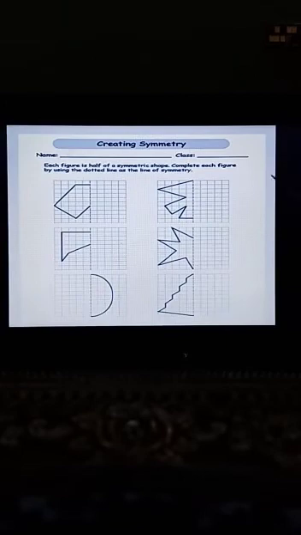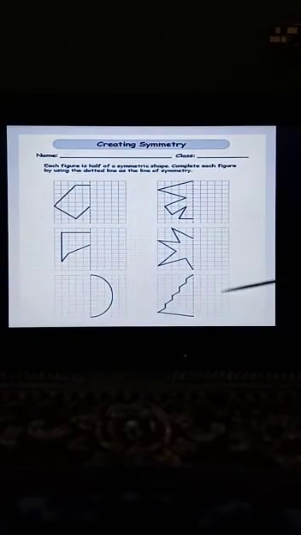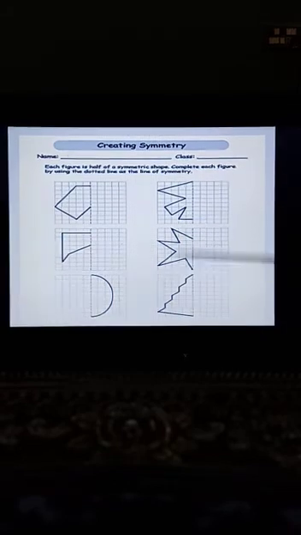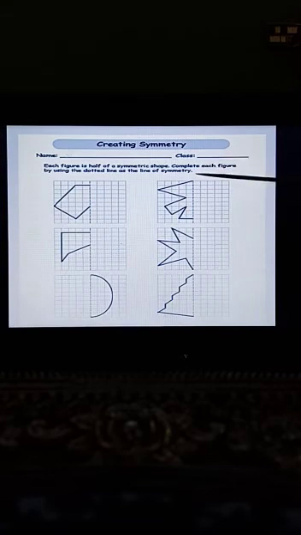In the last worksheet there are some blocks drawn and some half shapes drawn. You have to complete these shapes to make them symmetrical. You have to complete them very carefully by counting each and every block.